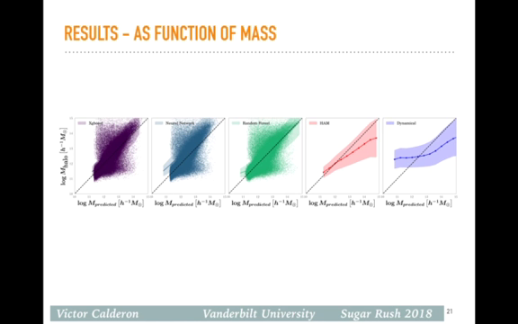So one thing that you can do is look at the fractional difference as a function of predicted mass. In this case, predicted mass is similar to what an observer would see.